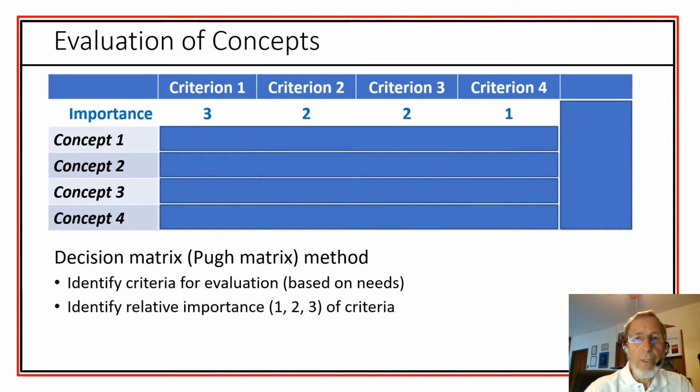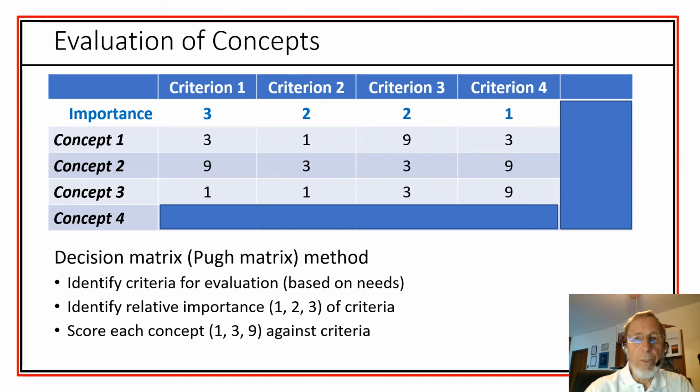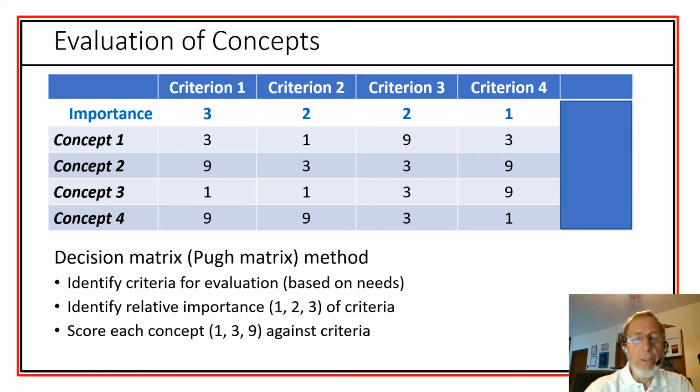We identify how important each of these criteria is, and then we score each concept with regard to how well it meets a given criterion. Notice here that we suggest scoring using 1, 3, or 9 points in order to really spread out the concepts in terms of the points that they have assigned to them.